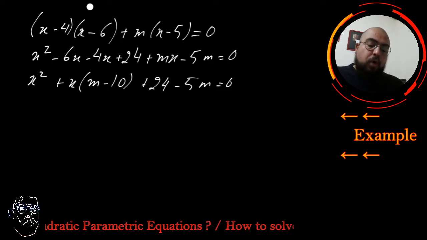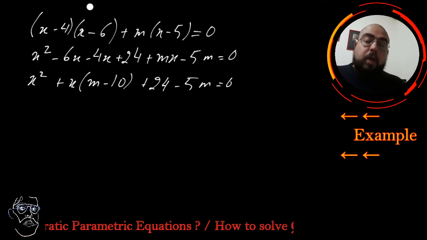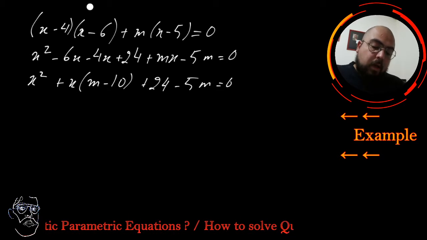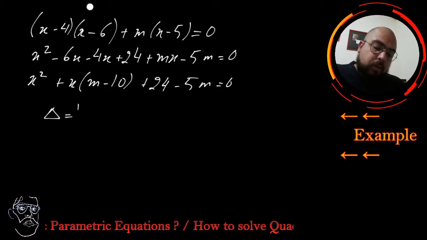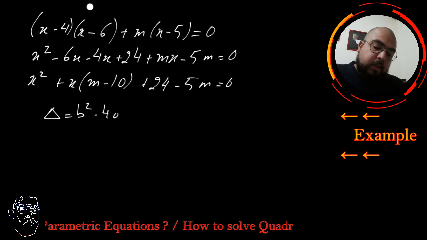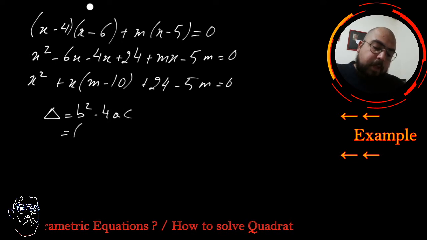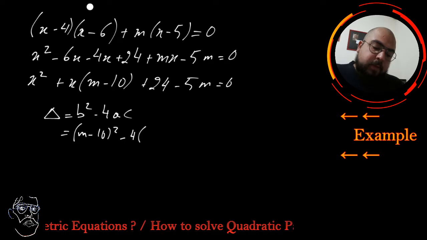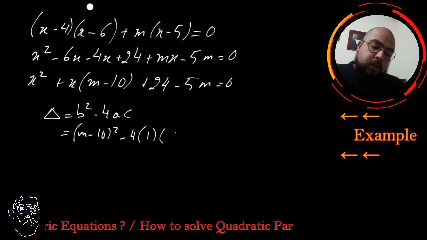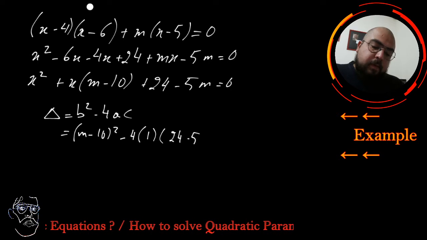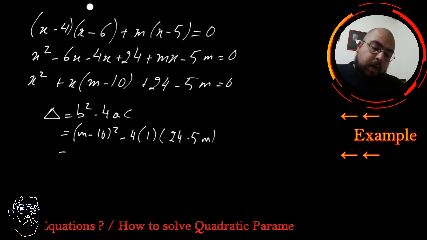So I will have to go through the calculation of delta. What about delta? Delta is equal to b squared minus 4ac. b is (m minus 10) to the power of 2 minus 4 times, a is 1, c is 24 minus 5m. So I will have to expand it.